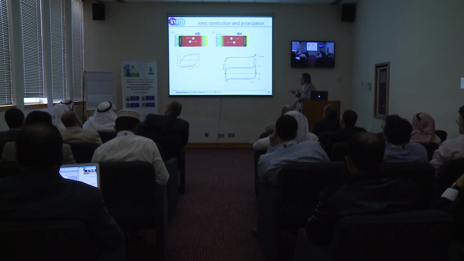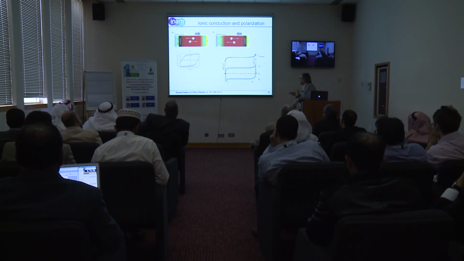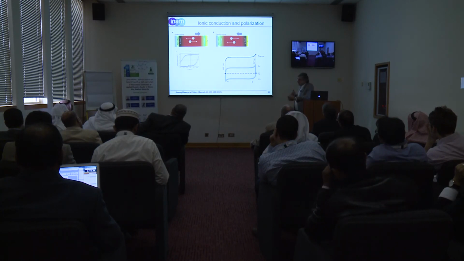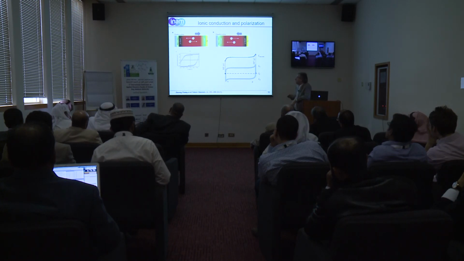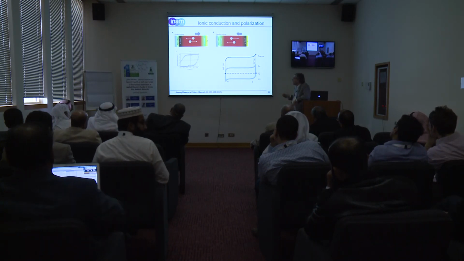So for example, the iodide will accumulate here, the iodide vacancies here. So this will be like N, this will be like P, and then by applying another voltage, you can reverse this situation and make the other way around. This is not very stable, because this ionic motion, you cannot control it. When you remove the voltage, it will slowly go away. So I think this can stay only for some minutes, less than an hour probably.